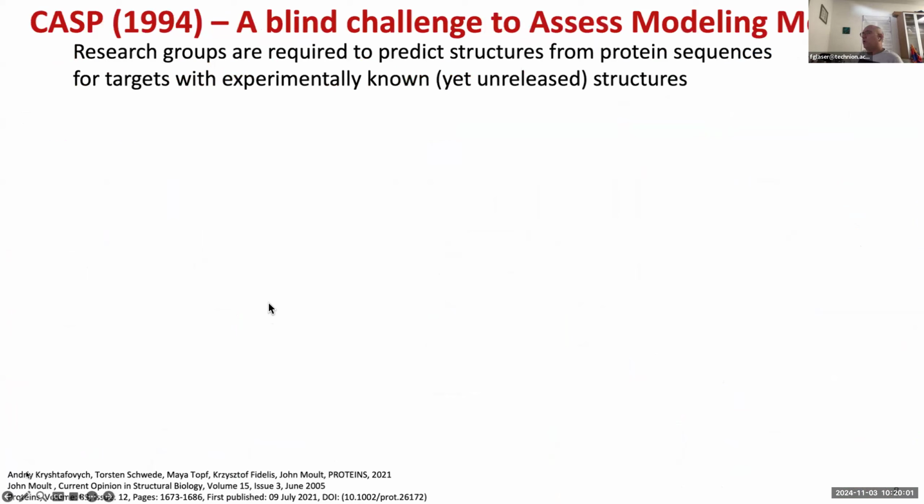One important thing that happened in 1994 is that a blind challenge to assess protein modeling was established, in which research groups are required to predict structures from protein sequences for targets with experimentally known but not yet released structures. So they could measure how good the methods of protein structure prediction were, similar to the competition Dvir mentioned.